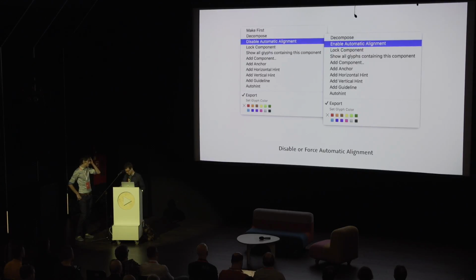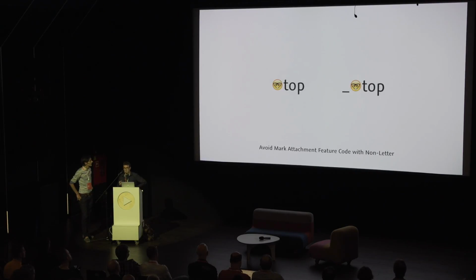And of course, with every automatism that you use, you can always deactivate it, and what we introduced newly is that you can enforce automatic alignment on things that were not automatically aligned before. And good thing, of course, you want to use maybe mark attachment for your compound glyphs, but maybe you don't want the mark attachment code in GPOS.